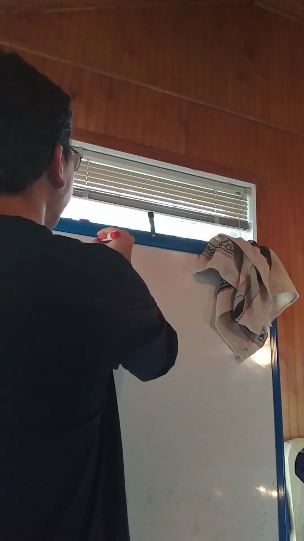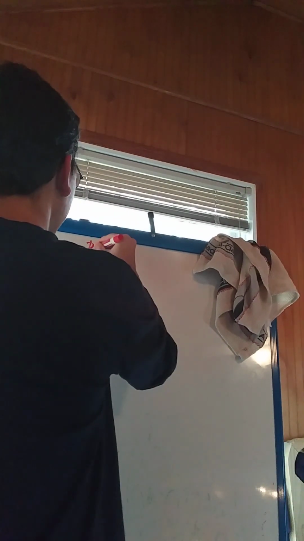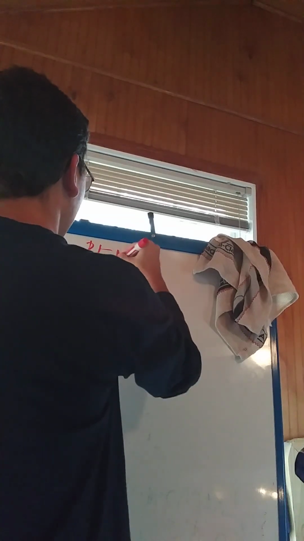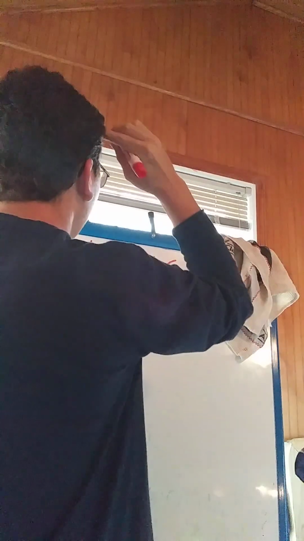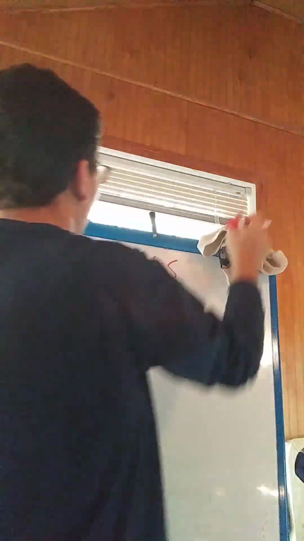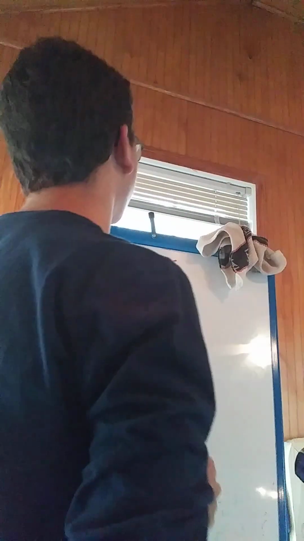So the word is PEMDAS. Oh. Well. So this is the word. You can add an extra S to it, but you don't need to. This is the acronym to use for solving order of operation problems.